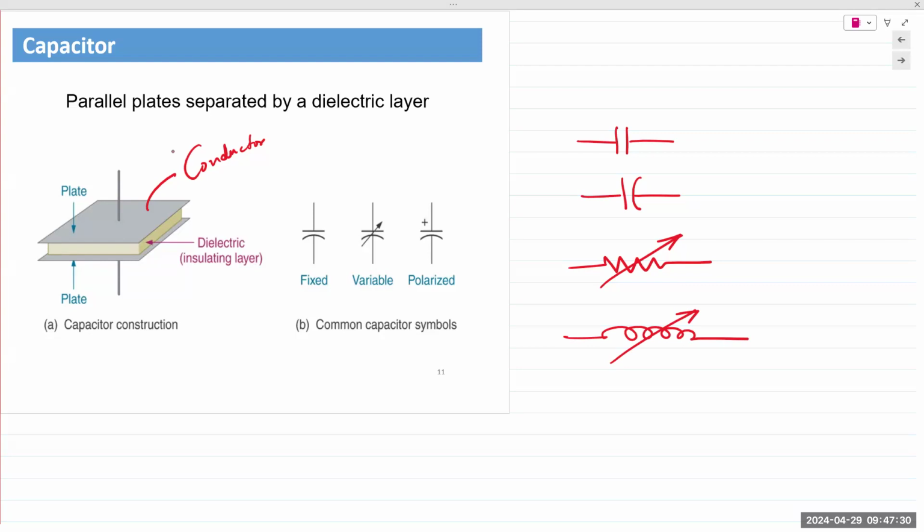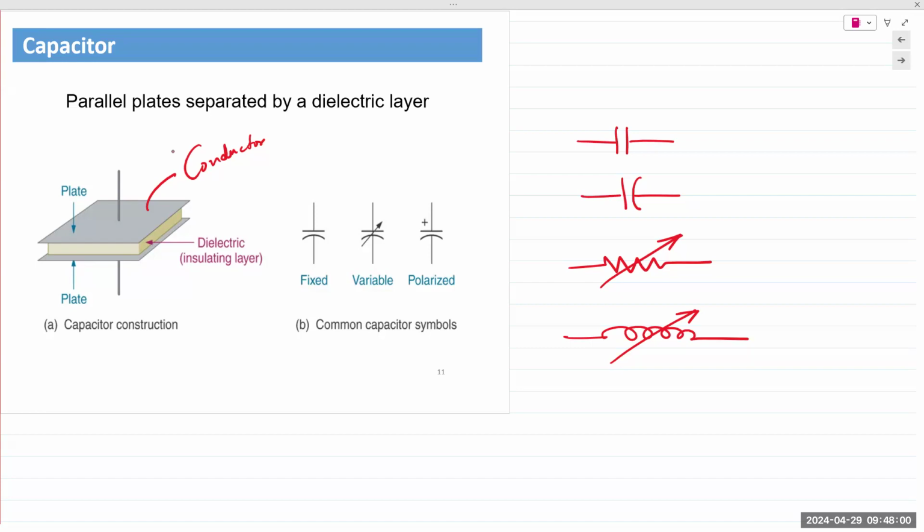Now, capacitors do not have polarity. Like resistors and like inductors, they do not have polarity, okay? With the exception of one specific kind of capacitor. These are the electrolytic capacitors, and they do have polarity just because of their physical construction, okay? So these electrolytic capacitors are basically a conducting film that is coated with a gel-like substance. And then you roll it up.